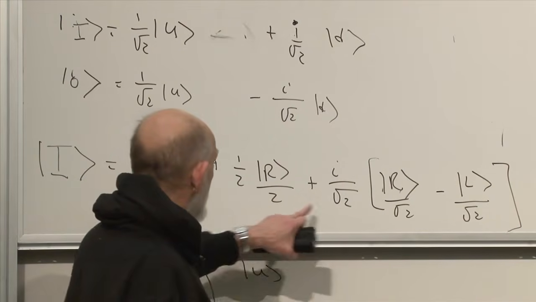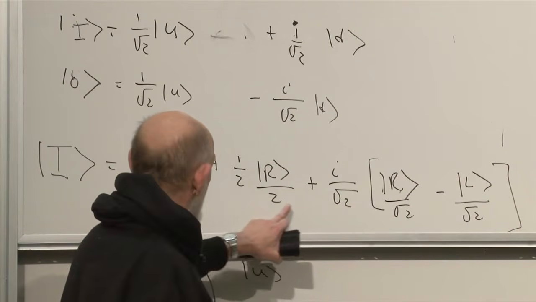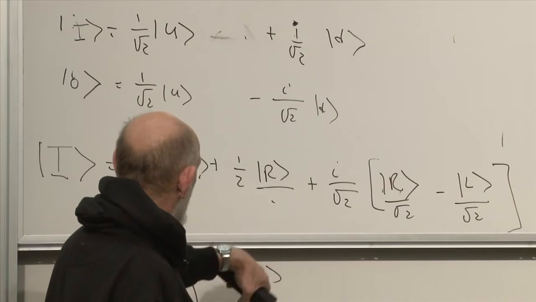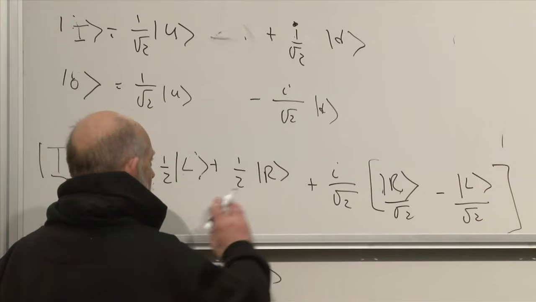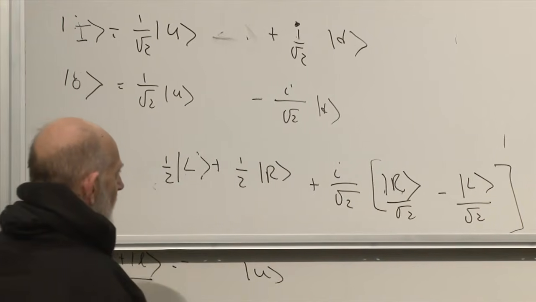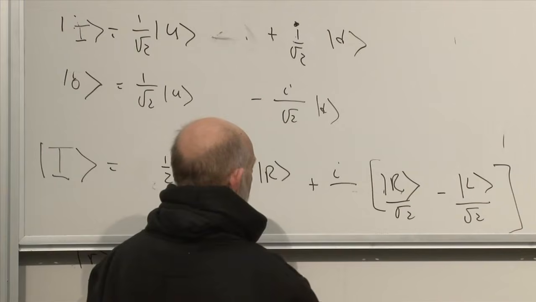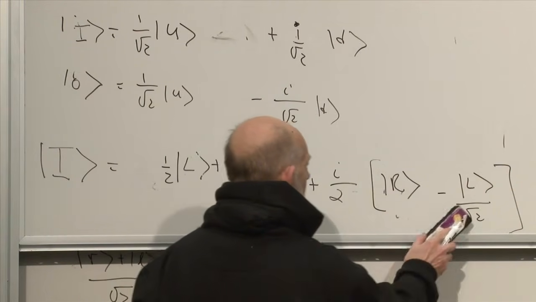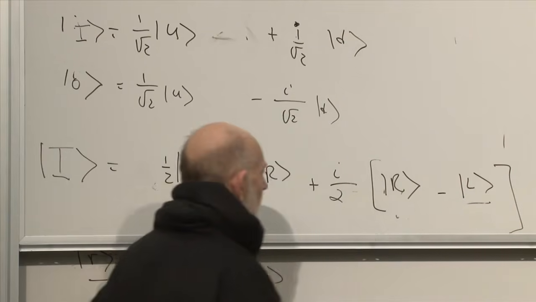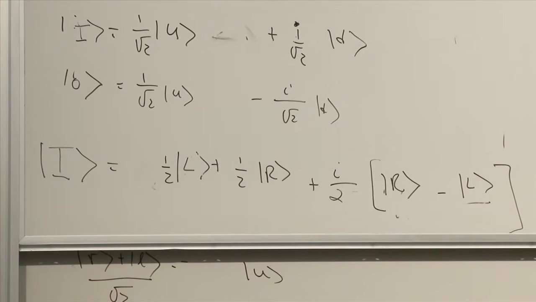Right there, you've got a half and then you've got a 2. And this can just be a 1/2 with a square root of 2 and a square root, and that's gone away, right? Do I have it right?